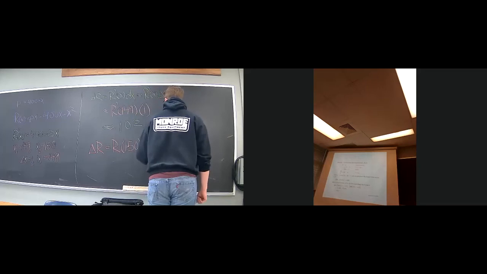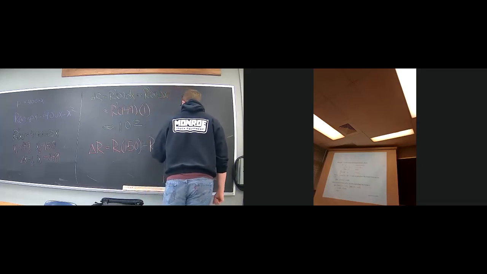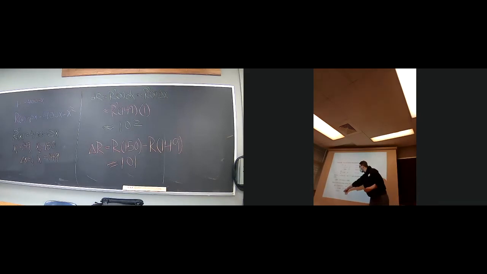Now, if we compare that to evaluating delta R, which is revenue at 150 minus revenue at 149, that's going to come out to be 101, just like it says down here.